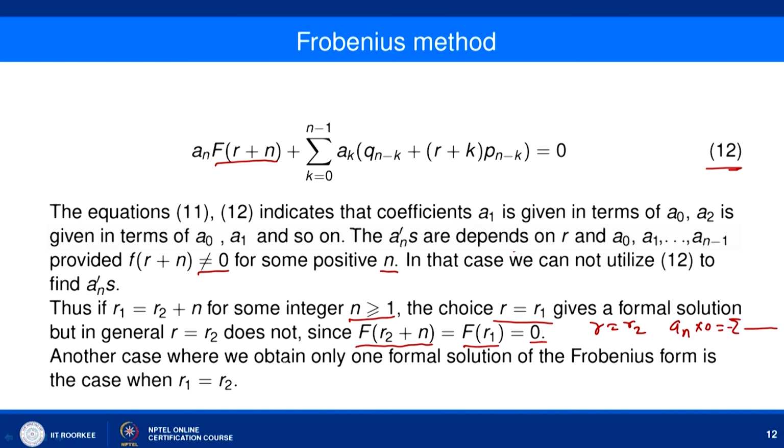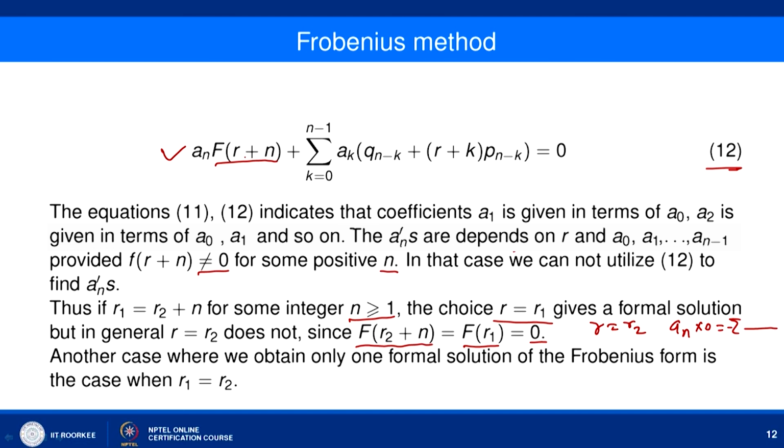Another case where we obtain only one formal solution of the Frobenius form is the case when r1 equals r2. Here you can find the coefficient a_n using formula equation number 12, provided that f of r plus n is not 0. It becomes 0 if r plus n is equal to 0.